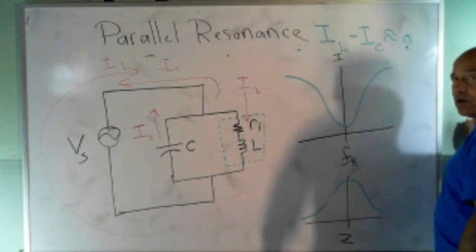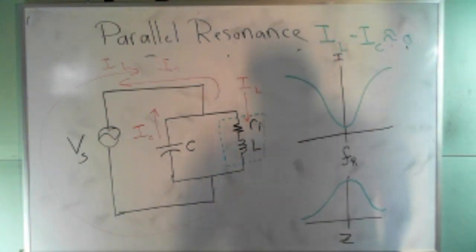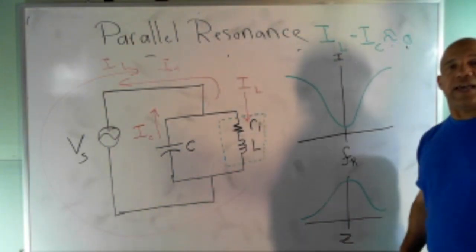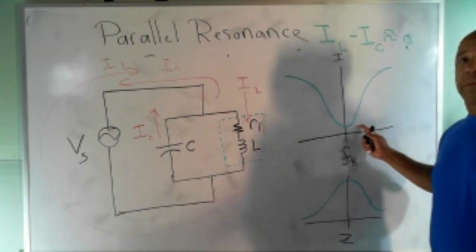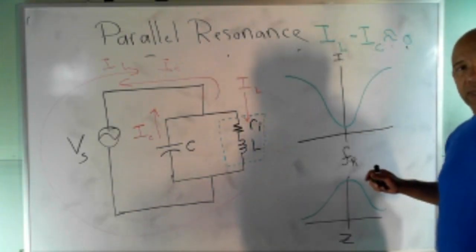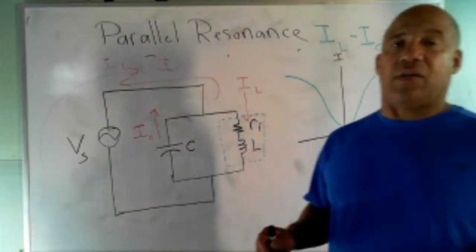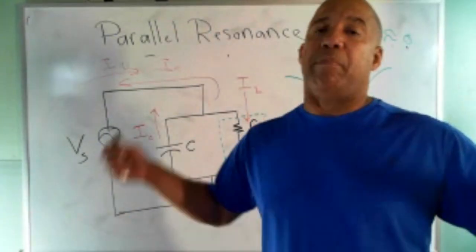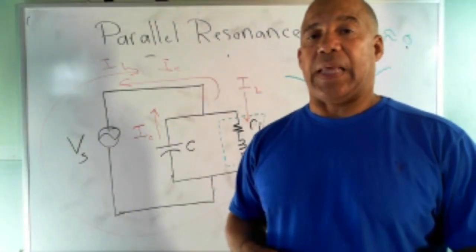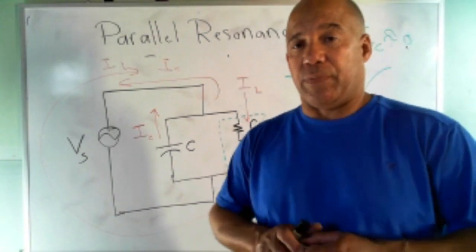The bell curve that we looked at in the series resonance circuit. So a parallel resonance circuit has minimum current, maximum impedance at resonance. A series resonance circuit is the other way. It has maximum current, minimum impedance.